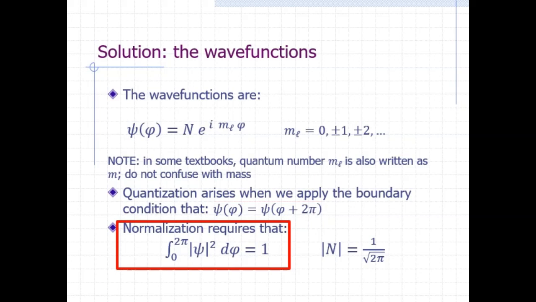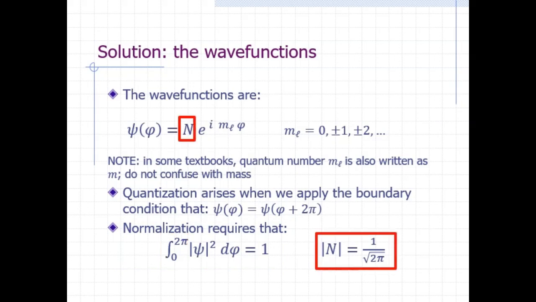This means that if we integrate the probability density function, psi star psi, or the square of the absolute value of psi, over all possible locations, we should get a value of 1. For a circle, all possible locations are covered by the interval phi equals 0 to phi equals 2 pi. It should be easy to show that the absolute value of the normalization constant N is equal to 1 over the square root of 2 pi.